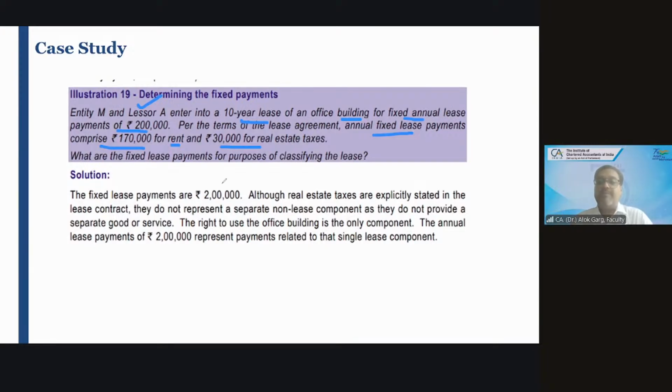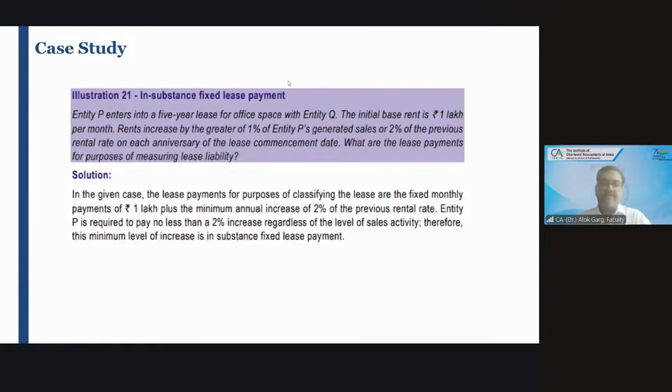Although real estate taxes are explicitly stated in the lease contract, they do not represent a separate non-lease component as they do not provide a separate good or service. The right to use the office building is the only component. The annual lease payment of 2 lakh represents payment related to that single lease component. In substance, it is a fixed lease payment.